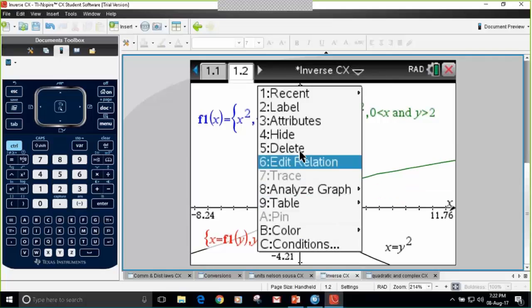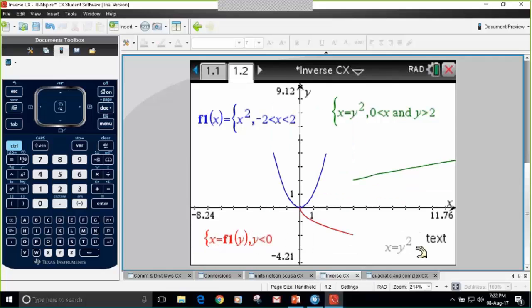And we'll hide that. Now the other way in which you can enter a relation is, I've just got a text there, and if you just enter a text on the page, I might just delete that. Now how do you enter that?